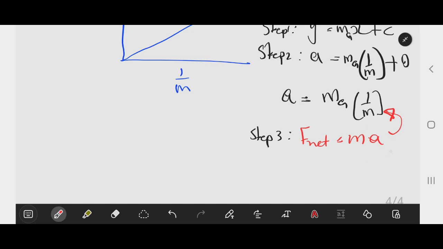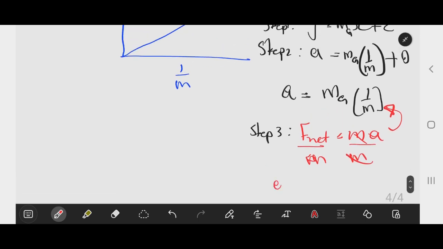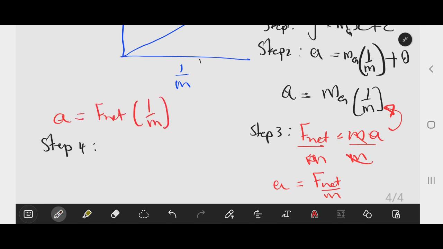In this case, the acceleration is the subject of the formula, so we divide by mass on both sides, and then we get acceleration is equal to F net divided by the mass of the object. But looking at the formula in step number 2, we have 1 over the mass at the end, so that can be written as a is equal to the net force times 1 over m.